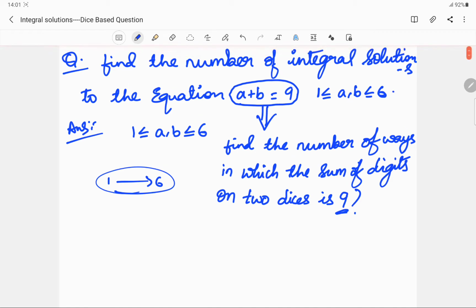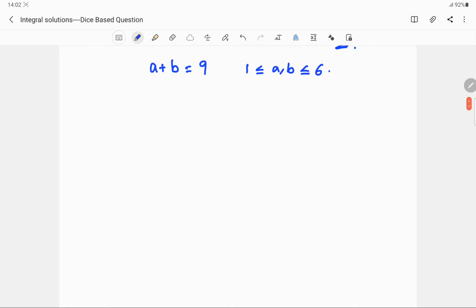Now, in the earlier video, I have introduced this concept. So we'll start solving this. So this is a plus b equals 9, and a and b can take values from 1 to 6.